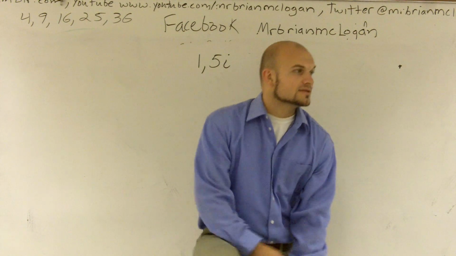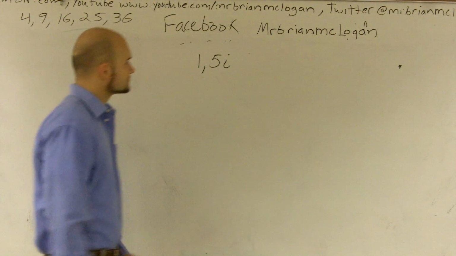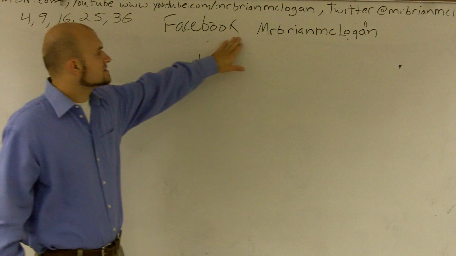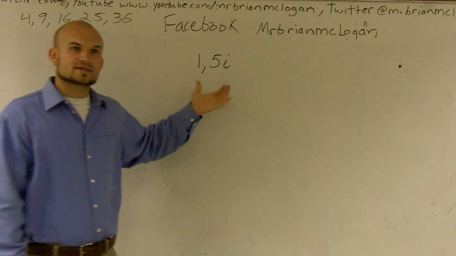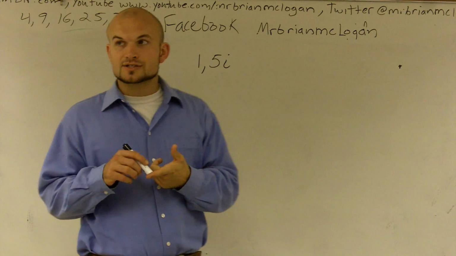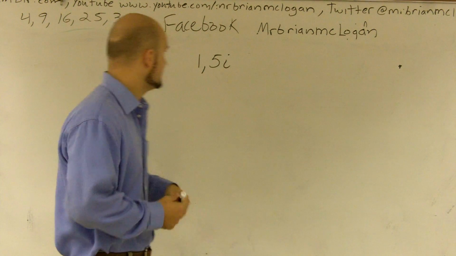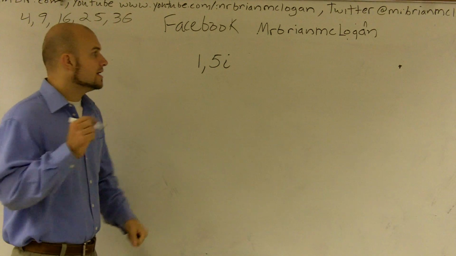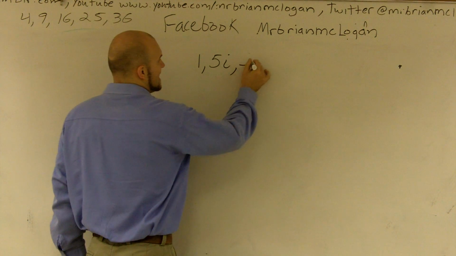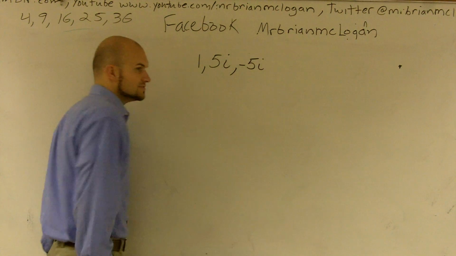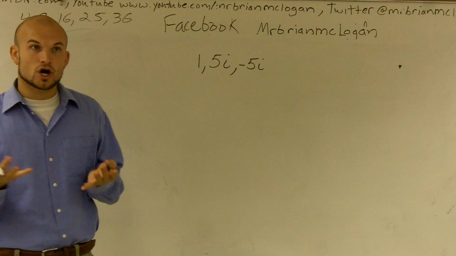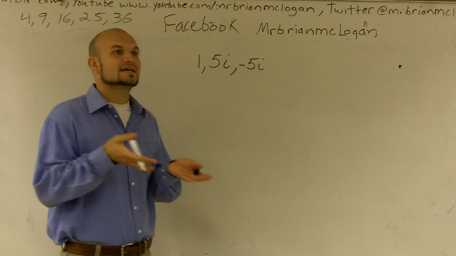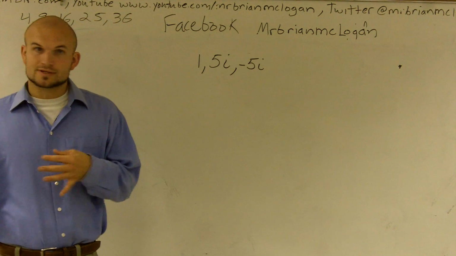Well, the exact same thing is true when we're talking about zeros and we have complex zeros. Whenever you have a complex zero, conjugate pairs are zeros. What I mean by that is, if I have 1 plus 5i, I also know that negative 5i is going to be a zero. So always remember that. If given a zero and it's a complex number, its conjugate pair is also a zero.